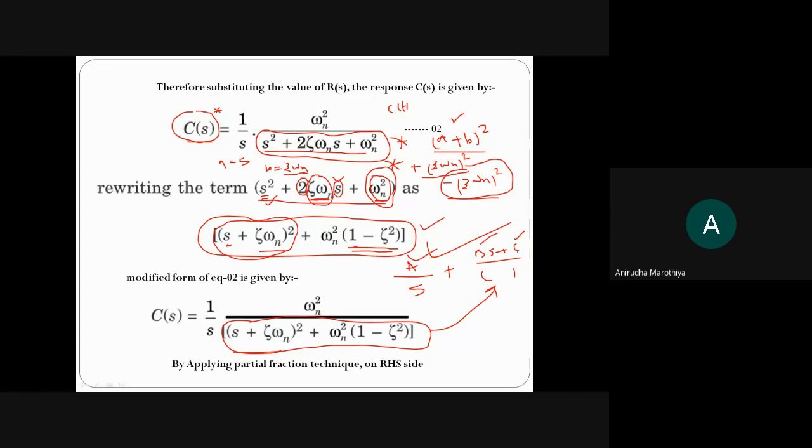You may take 1, you may take -1, or any value you want. If you apply that logic and split this by partial fraction technique and try to solve the value of a, b, and c, you will get this as a final answer. So here a, I think you will get the value as 1. So 1 upon s minus s plus twice zeta omega n whole divided by this entire term.